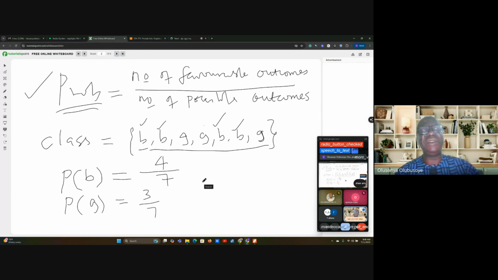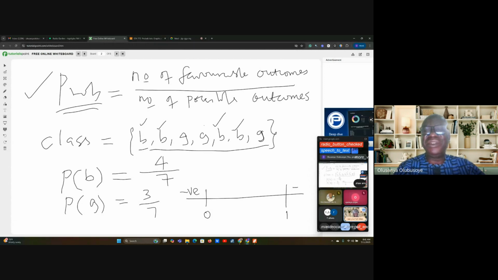If you have a number line, you have 0 here, you have 1 here. Any value below 0 is negative. Any value above 0 is positive.